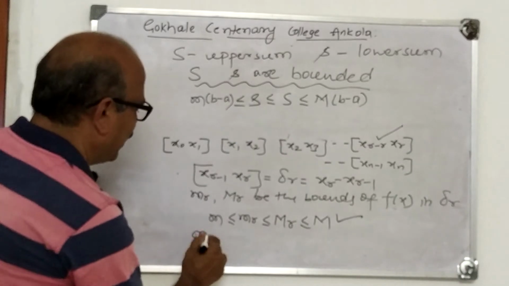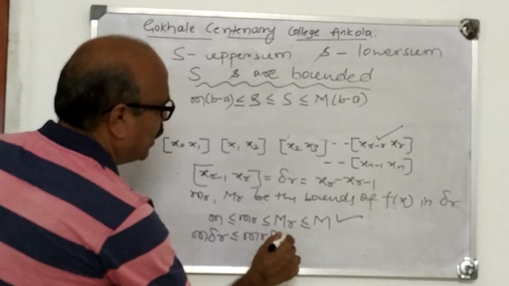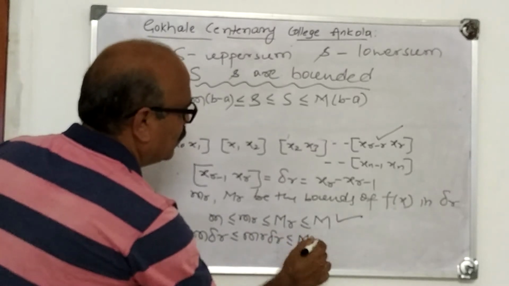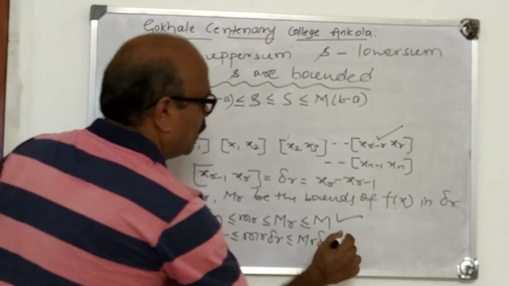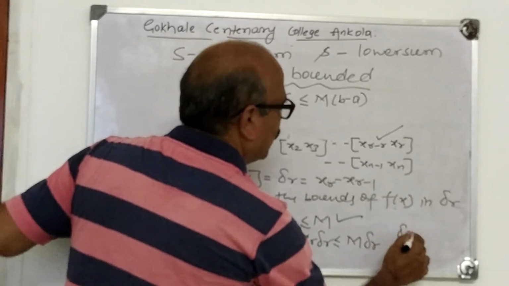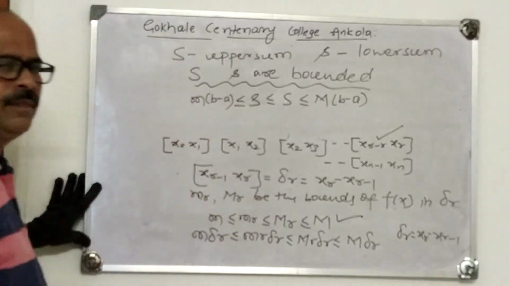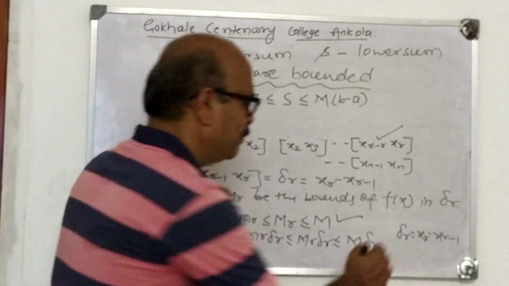Now we multiply by delta r. Small m delta r is less than or equal to small mr delta r, less than or equal to capital Mr delta r, less than or equal to capital M delta r. What is delta r? Delta r is xr minus x(r minus 1), and it is positive here.